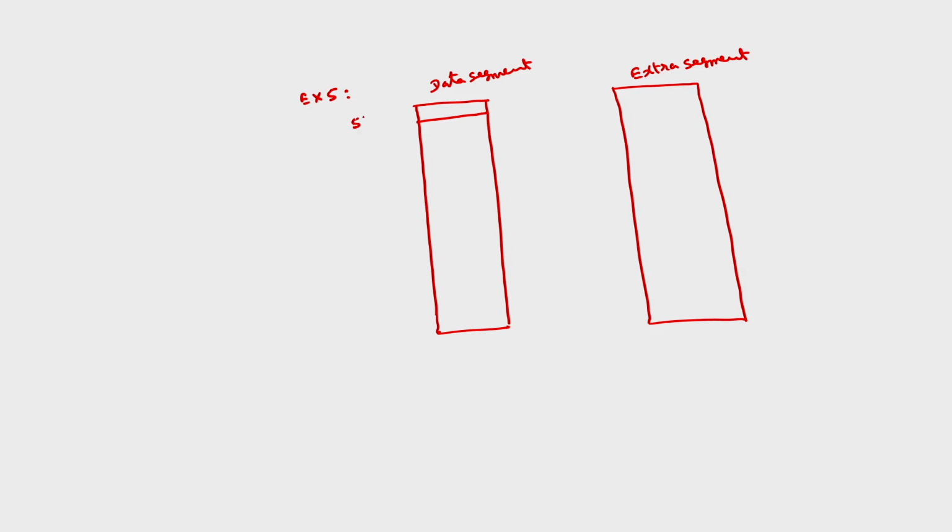The starting address is say 50000H, 64 kilobytes, up to 5FFFFH. So the next address itself, 60000H, is the extra segment, and this is 6FFFFH.